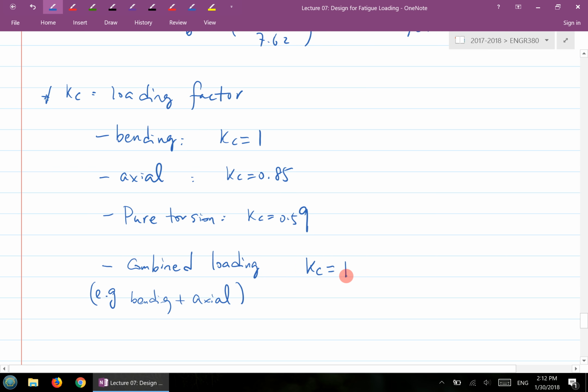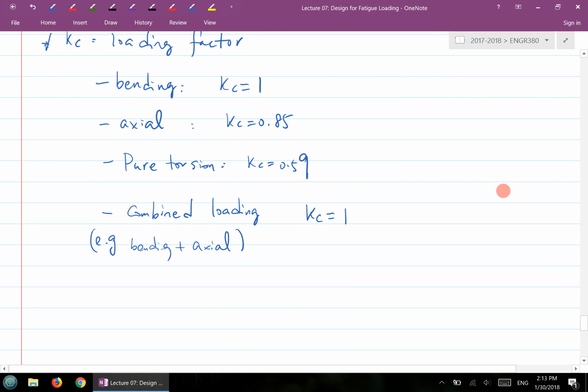Okay, Kc equal to 1. The reason actually later when we look at the combined loading condition, we have a separate factor to account for this combined loading condition. So for the factor here, the marine factor, to correct the endurance limit, then we'll set the Kc, which is simply equal to 1. Okay? Yeah.